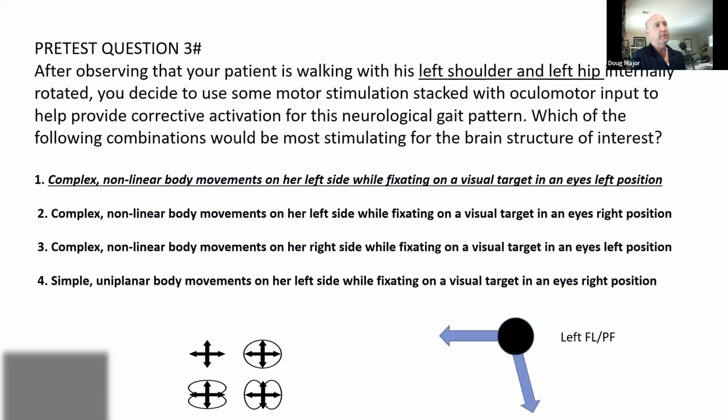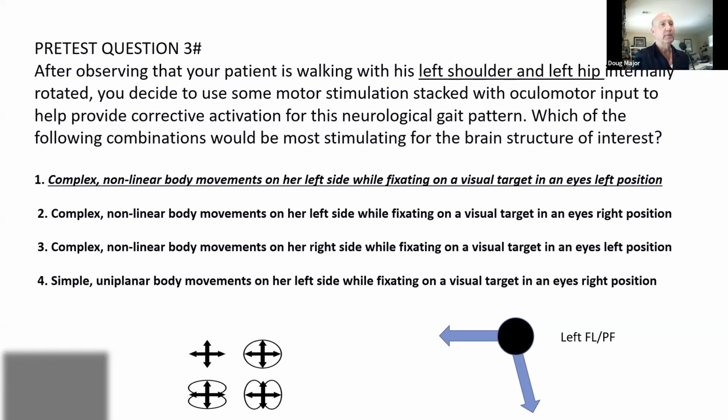And the third question, we have somebody that's walking with their left shoulder and hip rotated. That means, and we'll get into that in a second, a little further, that there's a cerebellar problem, and we want to do some motor stacking for the input for that individual. So what do we do for cerebellar activities? We do complex non-linear movements, and in this case it's the left shoulder.